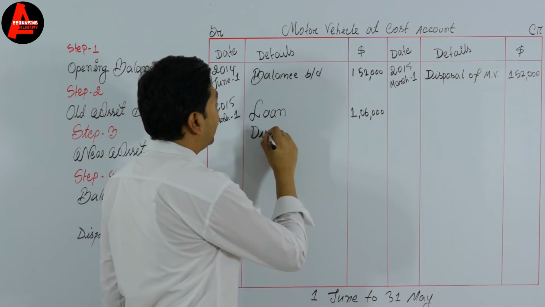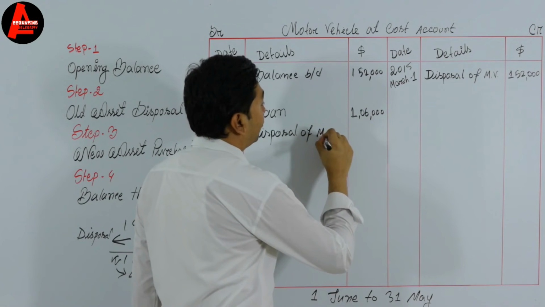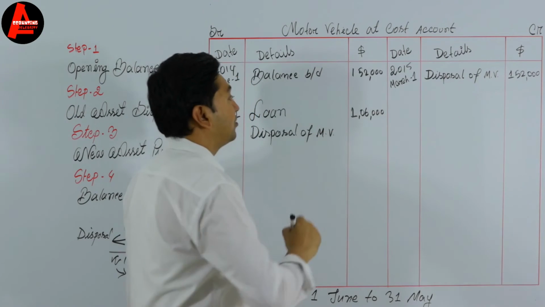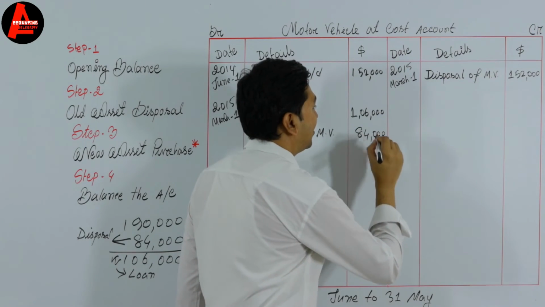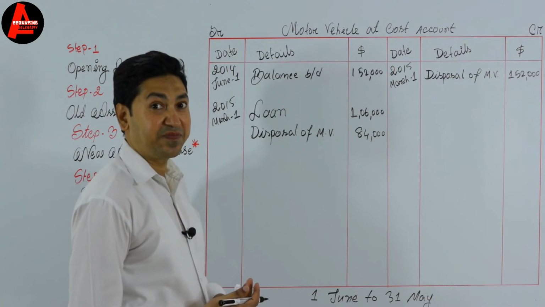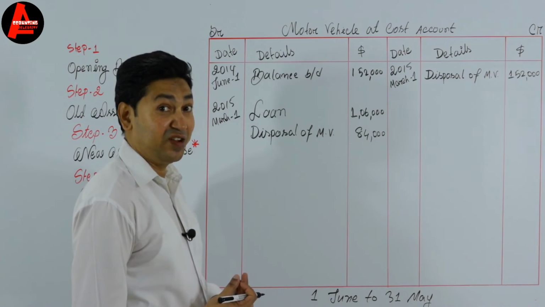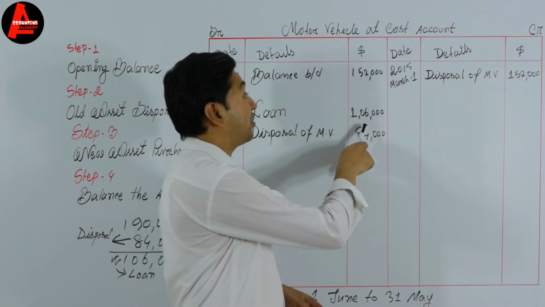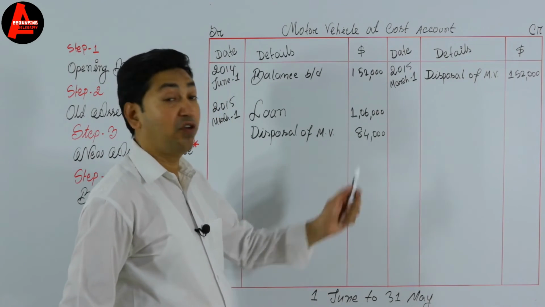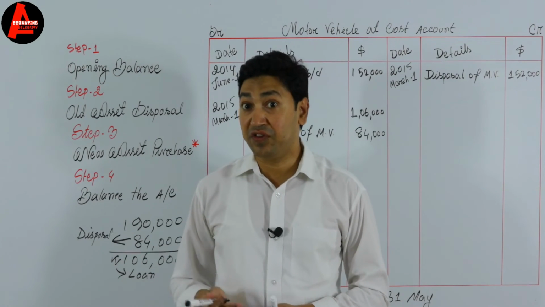So let us write here disposal of motor vehicle, $84,000. Okay. So what do you think? Complicated? No, not at all. So here I repeat, $106,000 was the loan and $84,000 was the exchange value with her old vehicle.